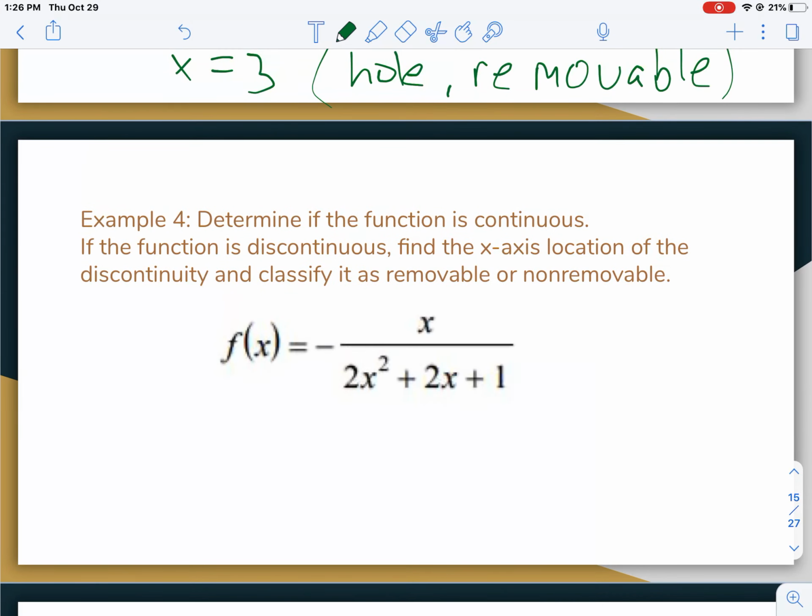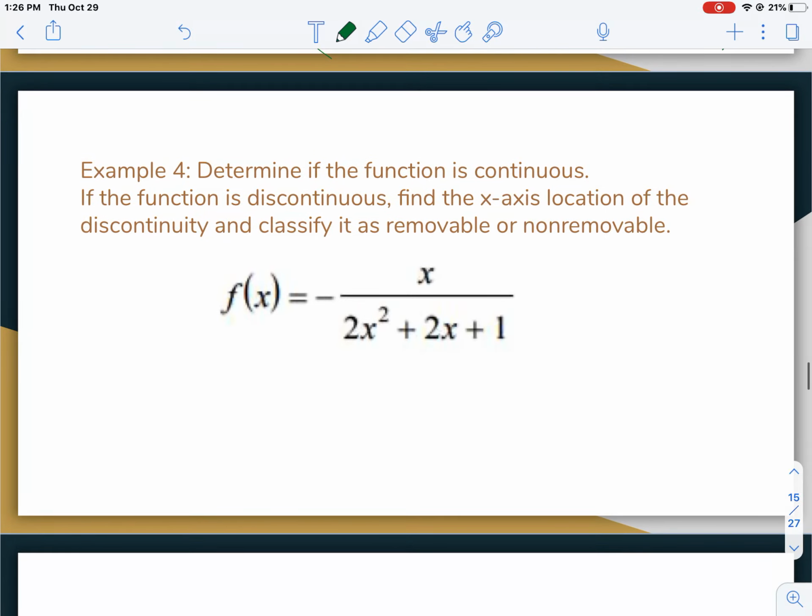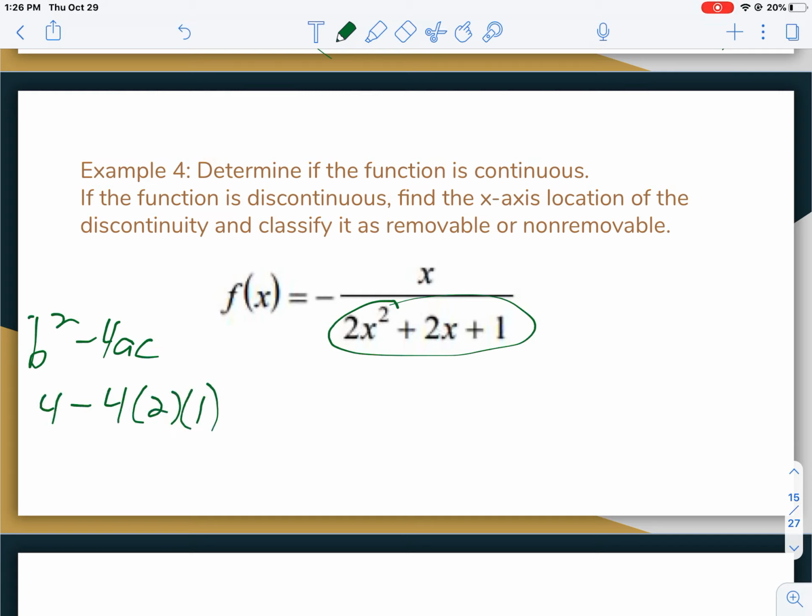Now, you don't want to just assume that all rational functions have discontinuities, right? So this guy right here, if you're thinking back, you can't factor that guy. But if you remember from Algebra 2, you can use the discriminant of the quadratic formula to figure out what kind of roots the function would have.